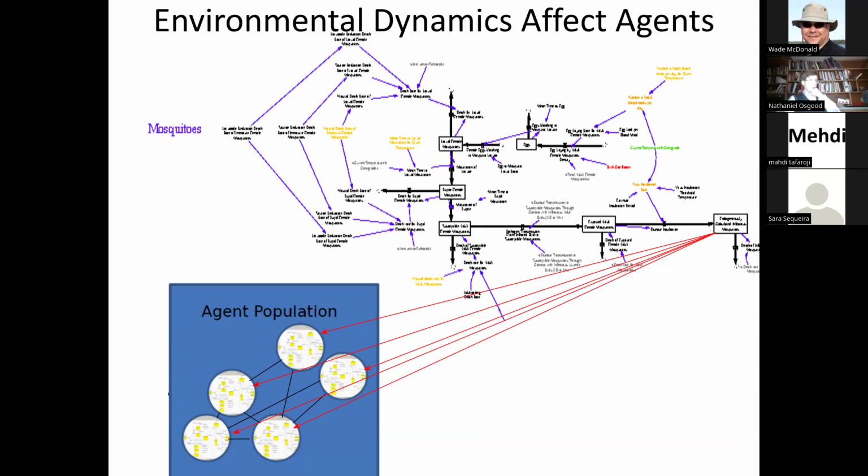There are agent-based models of mosquito dynamics, and actually they're very insightful for things like egg laying and location of how certain types of climatic or weather conditions, meteorological conditions might affect egg laying.